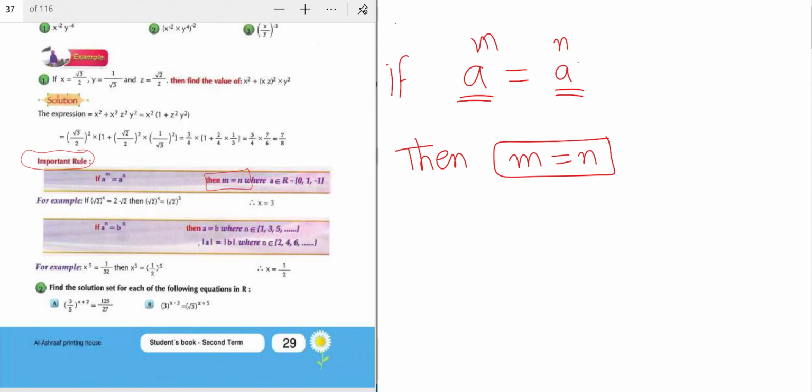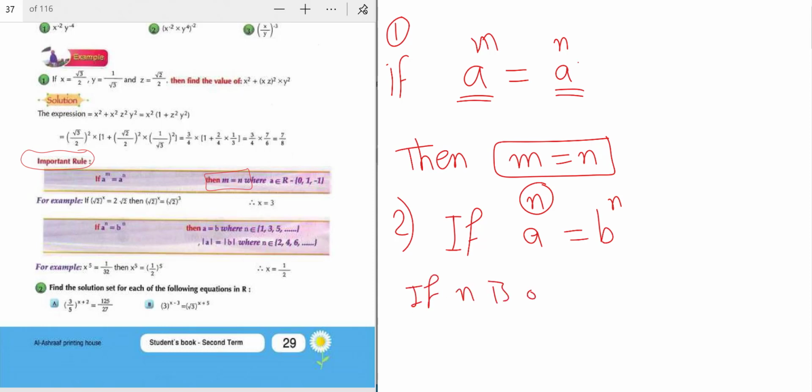But at first, number two: if a power n equals b power n, power equals power. So we have two cases. When n is an odd number, the two bases are equal, a equals b.